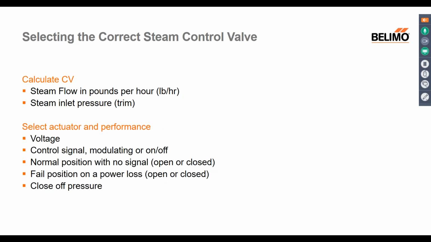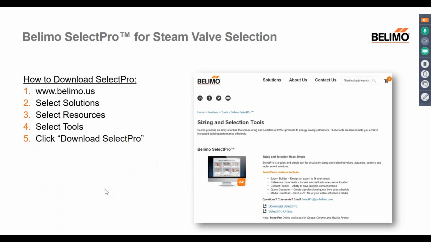So you have all kinds of selections if you wanted not to go 2 to 10, if you wanted to go 2 to 6, 3 to 5, whatever, you can do this with our technology. Again, is it normally closed? Is it fail closed? You have to know that. And you have to make sure that you have enough close-off pressure. Without systems, that's usually not going to be a problem, but it's something you have to know.